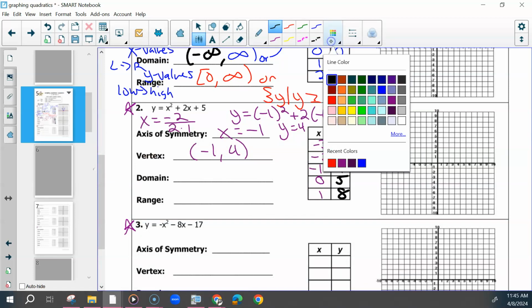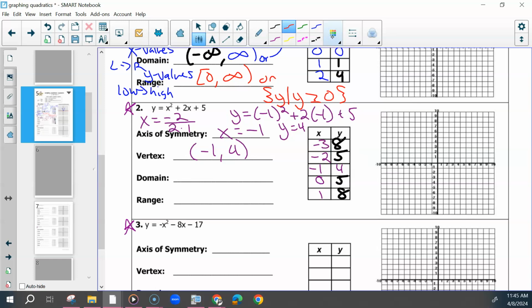And graph those 5 points. I know it's going up because my a value is positive. That's a good way to check yourself. Double check your a value. And draw that U shape through it. My axis of symmetry isn't drawn, but I can see at x equals negative 1, it's cutting this in half, splitting it, making it symmetric.